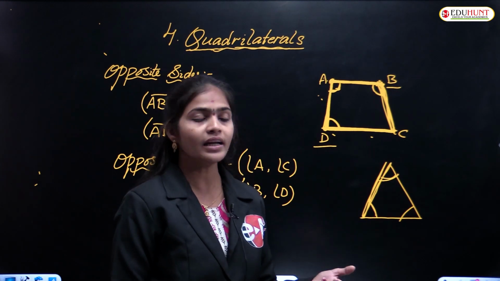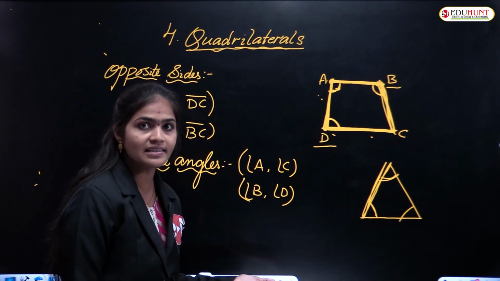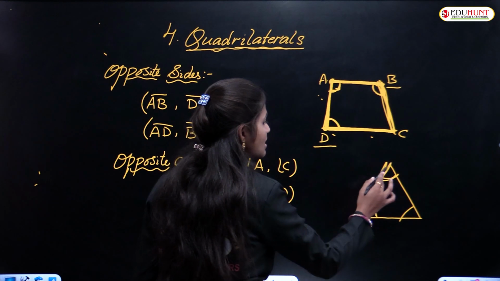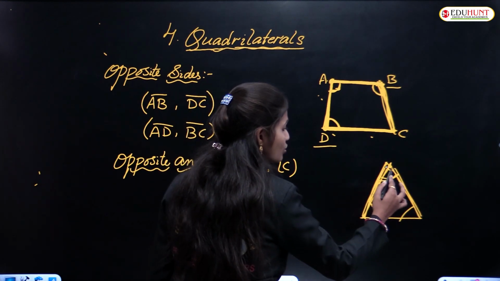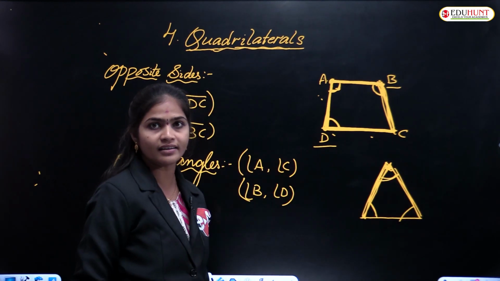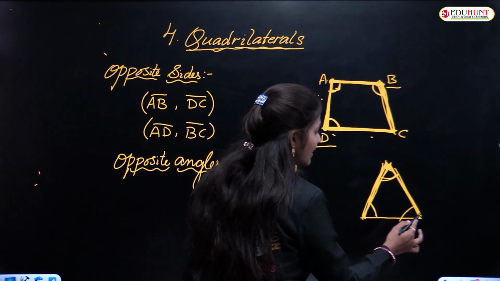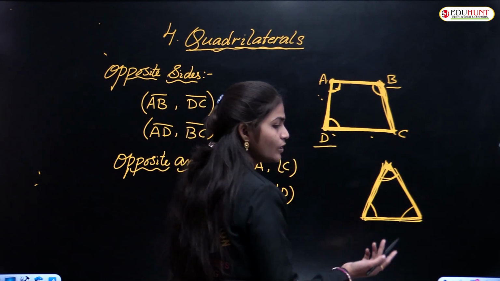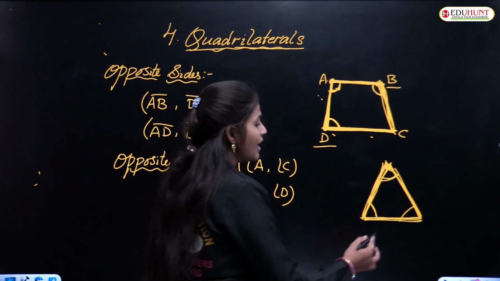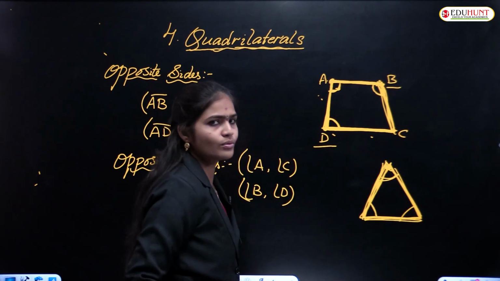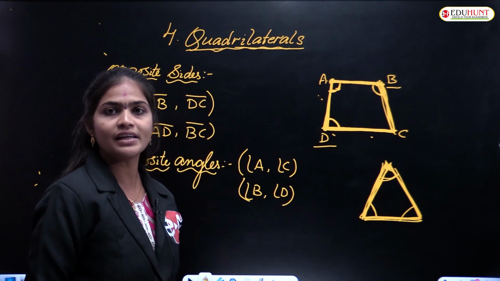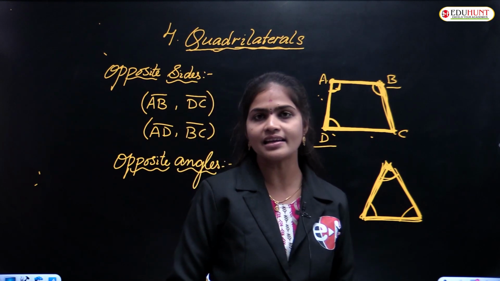Okay, as well as adjacent sides. Adjacent sides means these two sides have a common end point. So we can say that these two sides are adjacent sides, and we can take this side and this base also. Those two are also adjacent sides, and these two sides also. Okay, so in any figure we can say adjacent sides, adjacent angles.